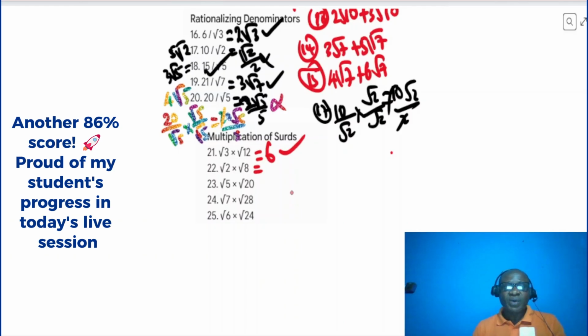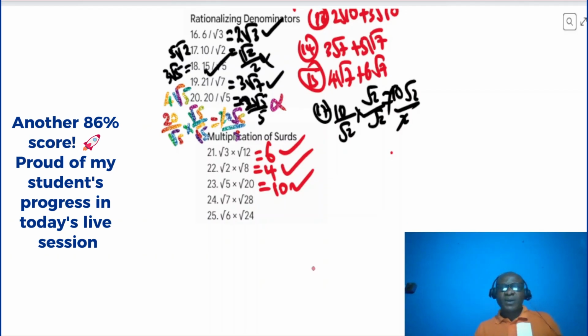All right. What about number 22? 4. Okay, similar to number 21, it is correct. Number 23, what did you get? 10. 10 is correct. Wow, it appears this part is very easy.